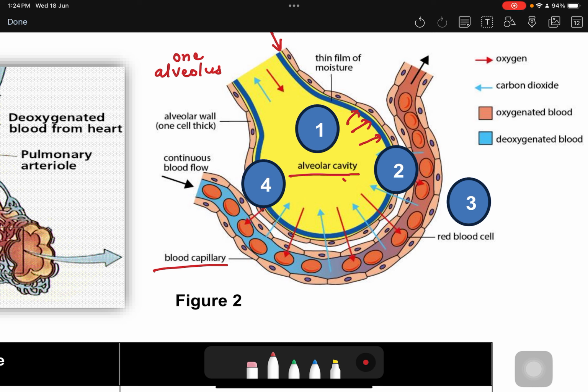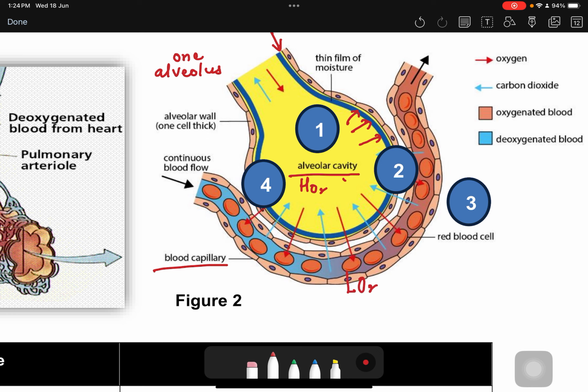Right, so after dissolving, there is a high O2 concentration in the thin film of moisture as compared to the red blood cells, so low concentration of oxygen.